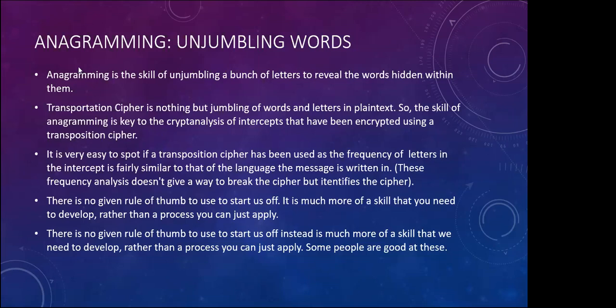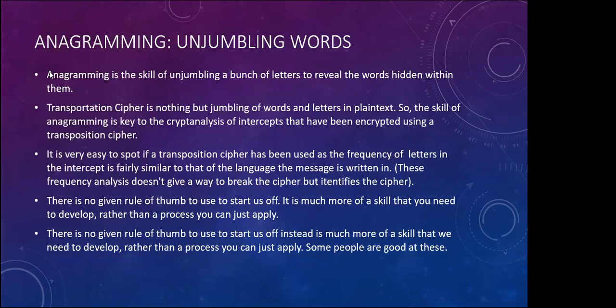Though it's a little difficult, since there is no known method, unlike in frequency analysis, where we see which letter is frequently observed in the plain text and the ciphertext, and whichever matches the frequency, we take that this letter is replaced for a particular letter in the plain text. Such a rule is not there for anagramming. It is a skill or a technique which a person should develop or have within them to identify a pattern within a ciphertext.